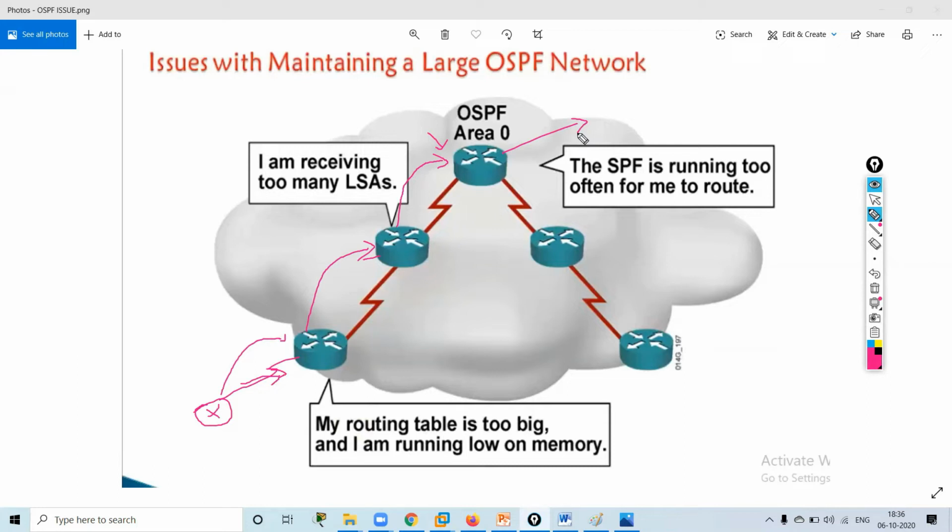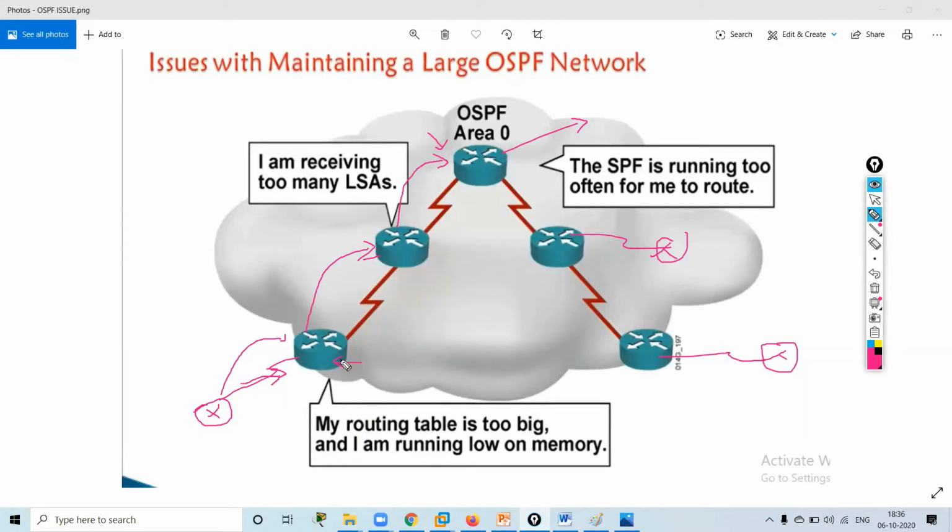It has to run the SPF algorithm too often, because this is the only router that is connected to all the other routers. And these routers are low end routers, so they are getting information about all the other networks in the area, a network connected over here also, connected over here also. All the networks that are there, so it will be having a huge DBD.